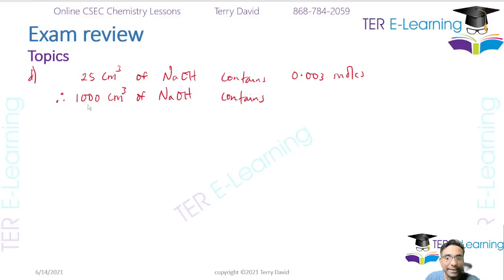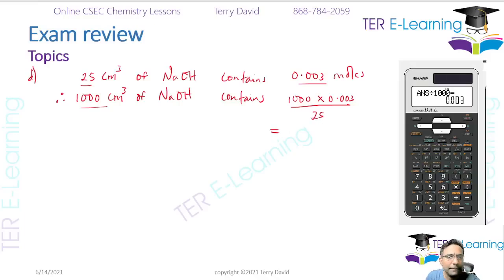and you're going to cross multiply. Almost all the mole calculations we're going to have to cross multiply. You're taking this number, multiplying by this number, so it's 1,000 multiplied by 0.003, and then we're going to divide by 25. Again, I'm going to use my calculator in order to do that.